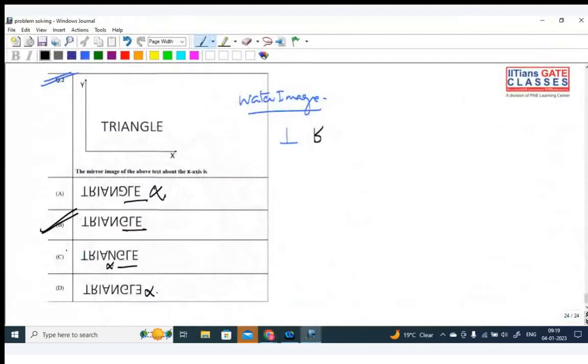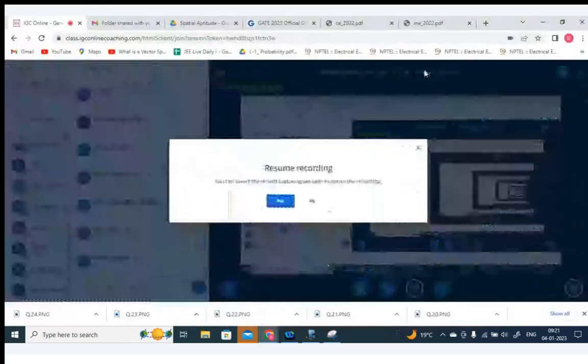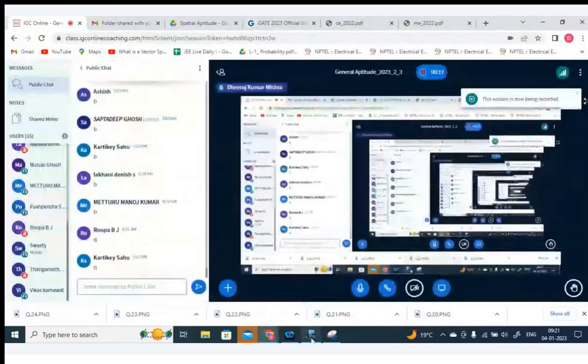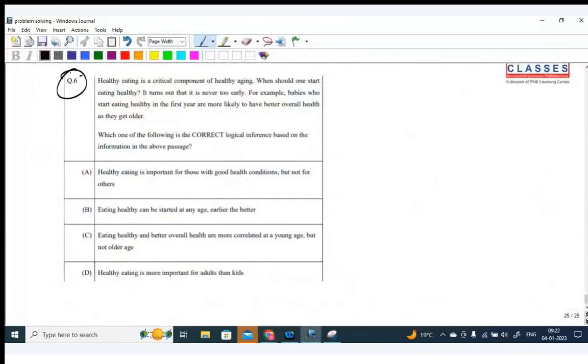I have explained this concept, so you guys can try this kind of question. You see this question. This kind of question you can expect in English. Comprehension we call it, or sometimes reading comprehension. So many people make mistake here because they think that their vocabulary is not good or something, right?